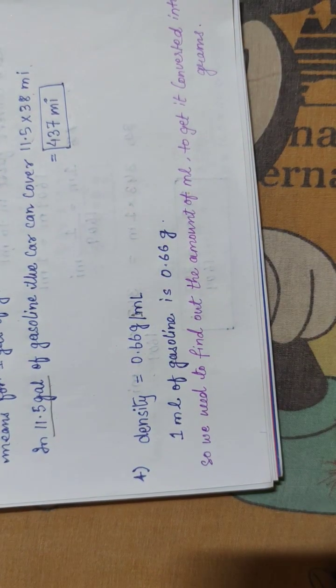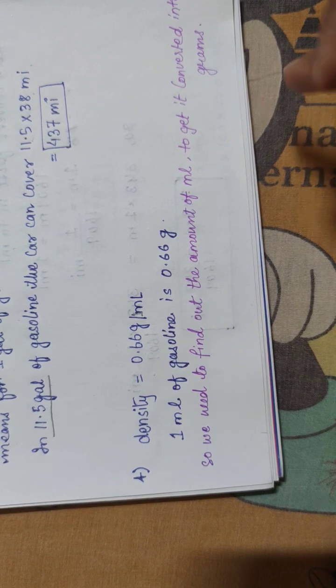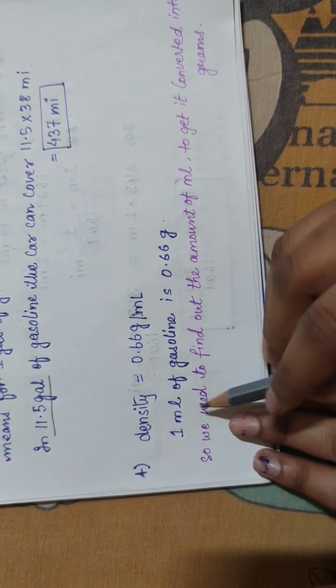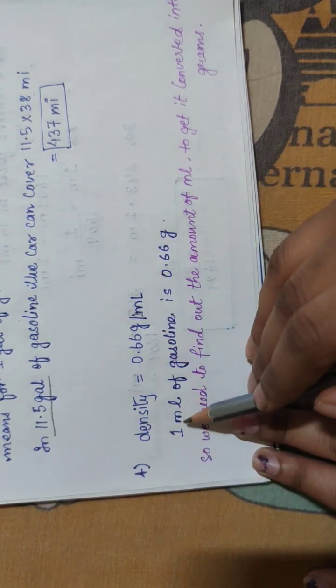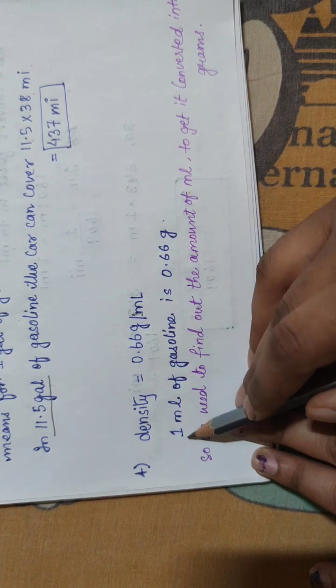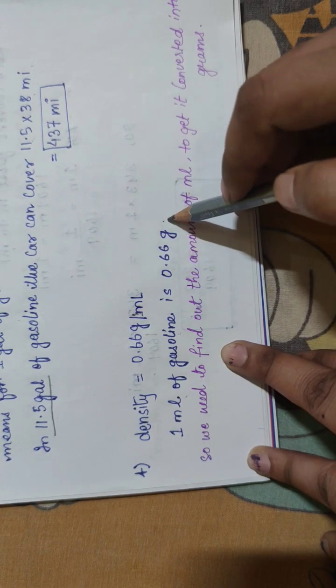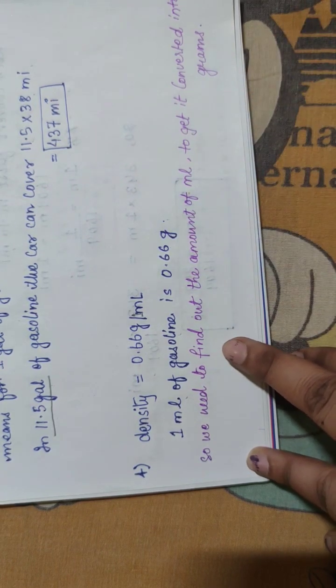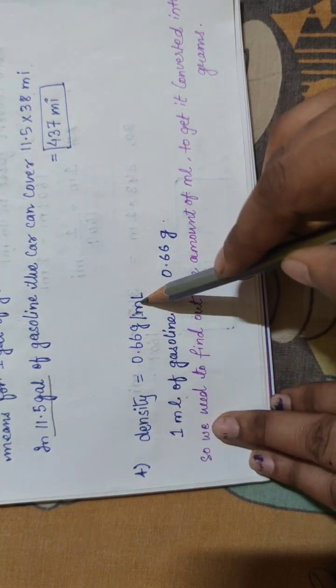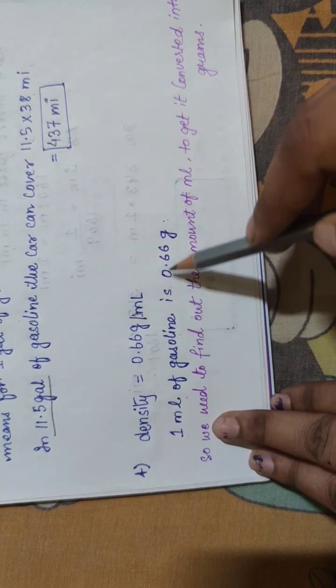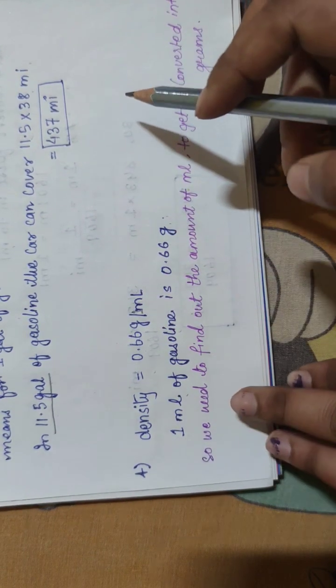Not assume, it is actually 1 milliliter. So write it in word format: 1 milliliter of gasoline is 0.66 grams.